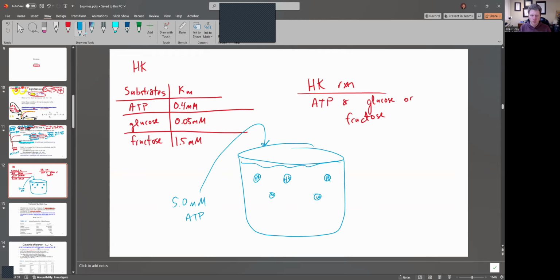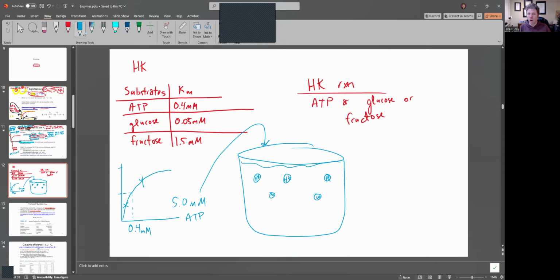Now, if we were to look at this graphically, this is our Km, approximately 0.4 millimolar. Are we here or are we here?